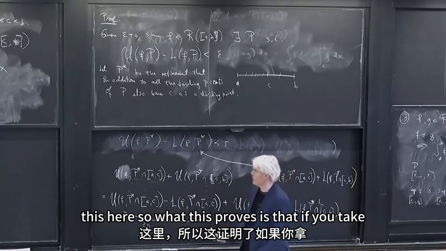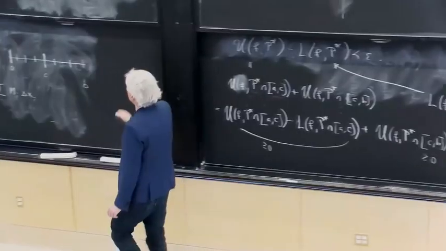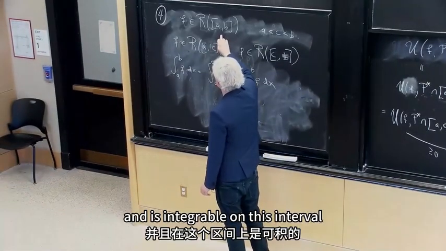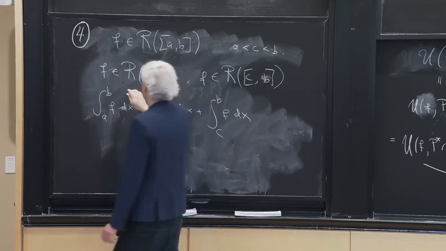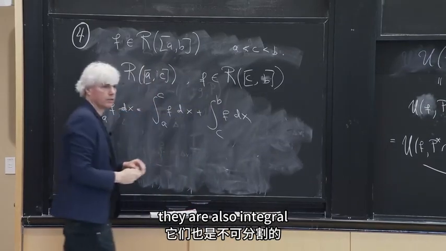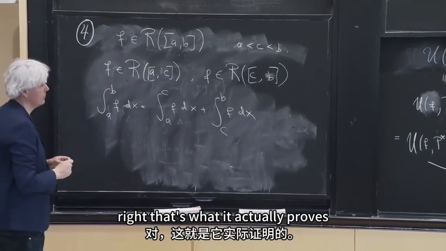So what this proves is that if you take this function and it is integrable on this interval, and you now restrict it to either of those, they are also integrable. That's what it actually proves.